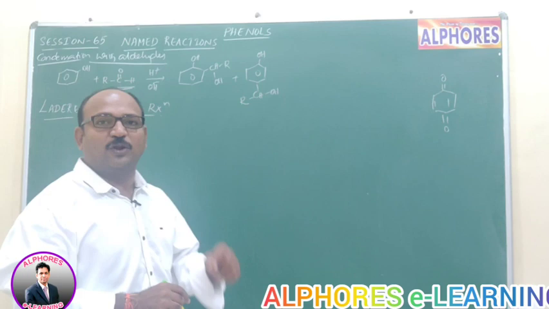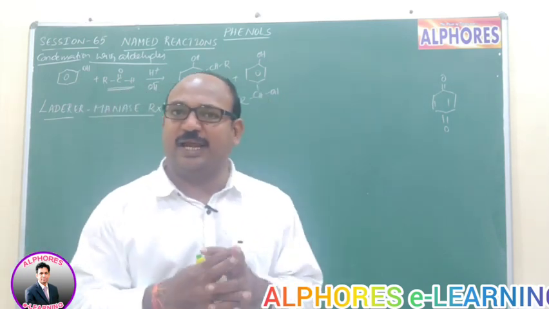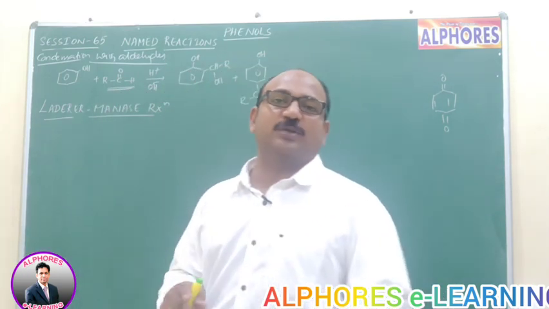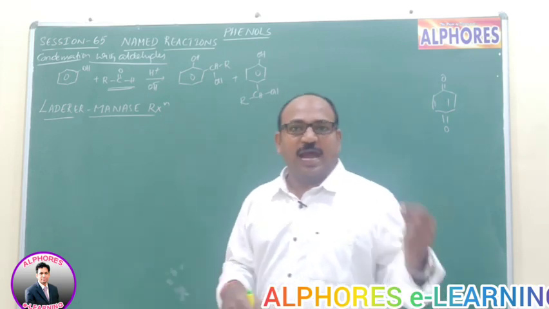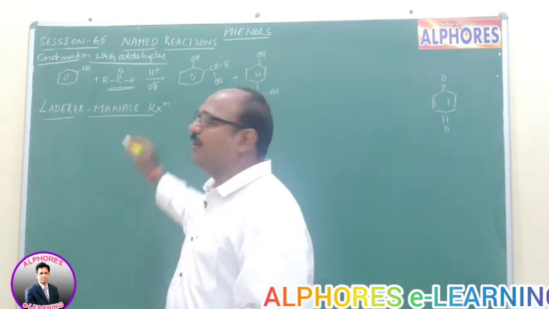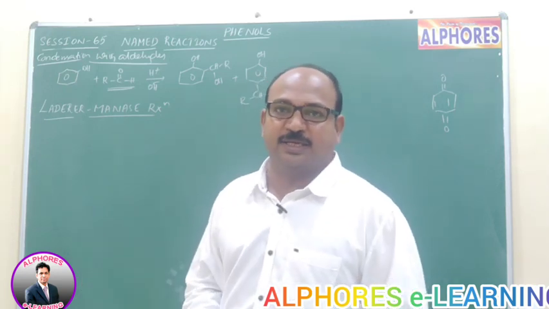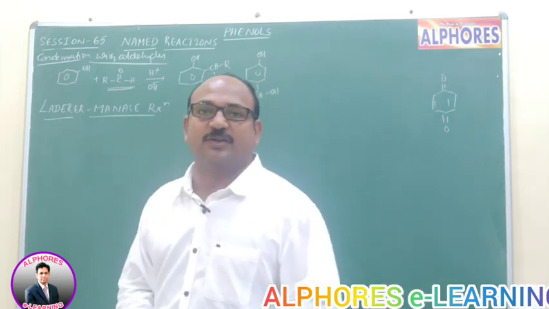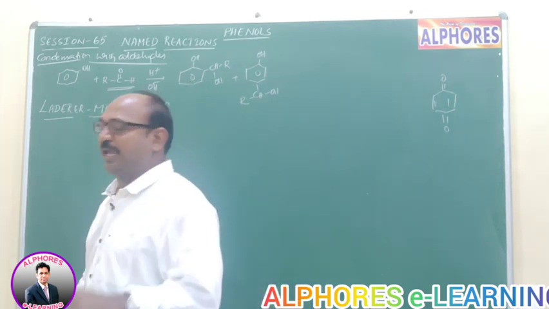As I mentioned, phenol undergoes condensation with aldehydes, and you get products. And if that aldehyde is formaldehyde, then that reaction is called the Lederer-Manasse reaction. Let us see what happens in the Lederer-Manasse reaction in acid and base.